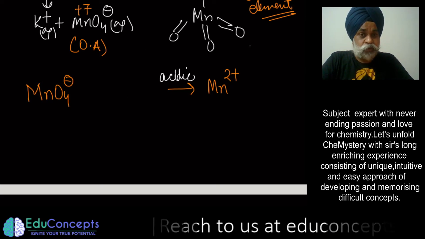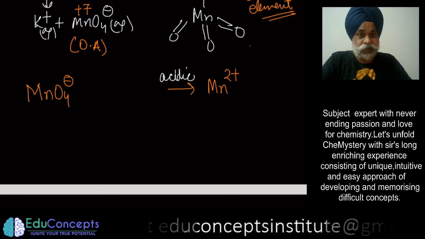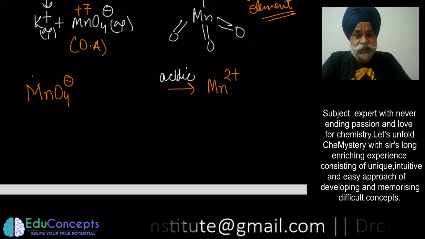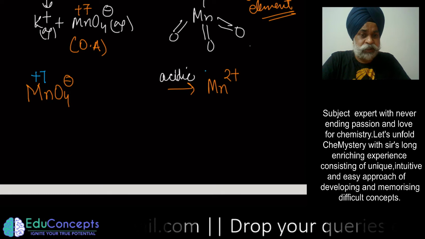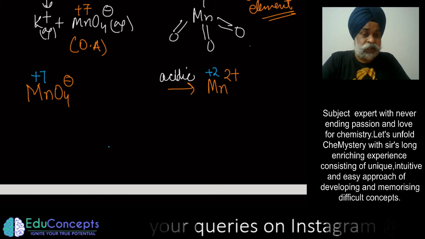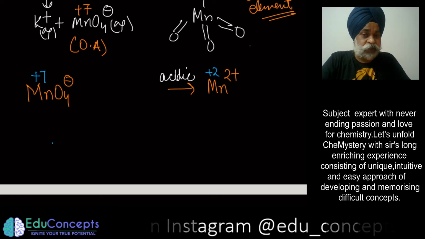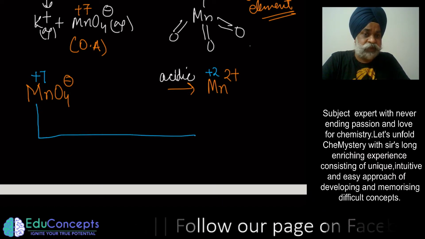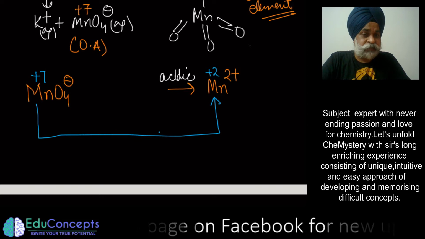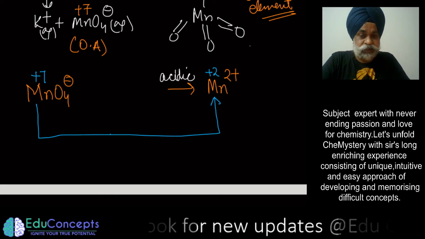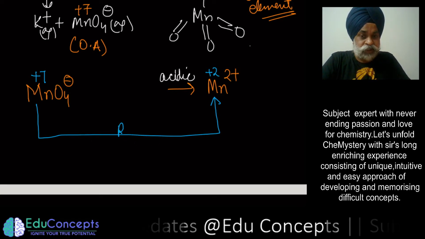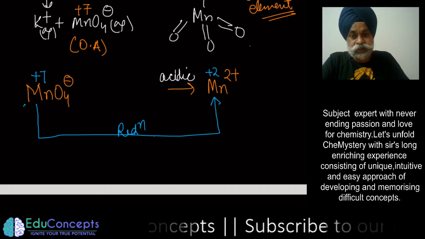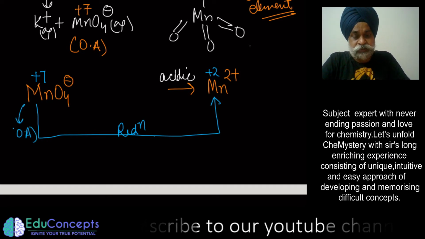So first we have to identify that it is in +7 oxidation state and it is going to +2 oxidation state. Firstly, you have to identify what type of reaction it is. It is going from +7 to +2, so there is a decrease in oxidation state. That means the reduction process is happening, so this is acting as an oxidizing agent.